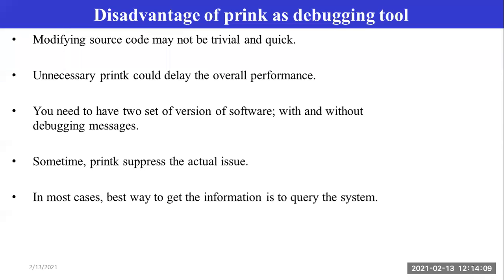As a result, you now have more time to receive the packets properly. So yeah, sometimes this Printk suppresses the actual issue. So it is not always possible to use Printk in debugging a software problem.